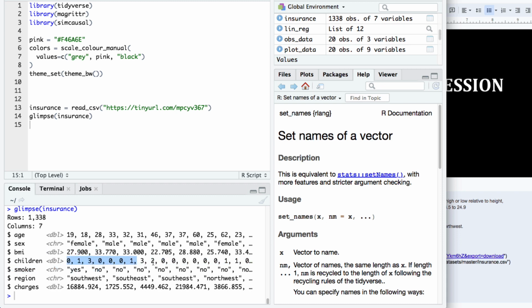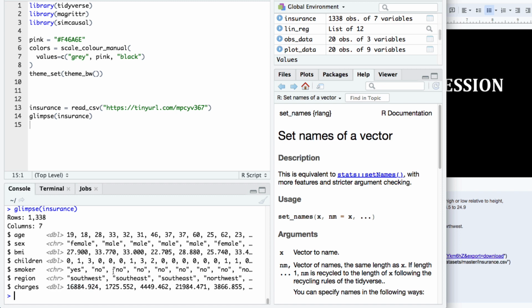Children is how many children they have. Smoker is exactly what you would think, whether they smoke or not. Region is which part of the country they're in. I think there are 4 regions here: Southwest, Southeast, Northwest, and Northeast. And charges represents, I believe, how much they were billed for medical insurance in a given year. So this is data for each person for a particular year.